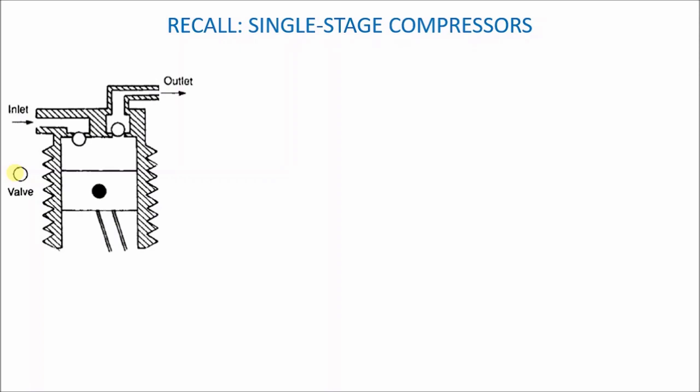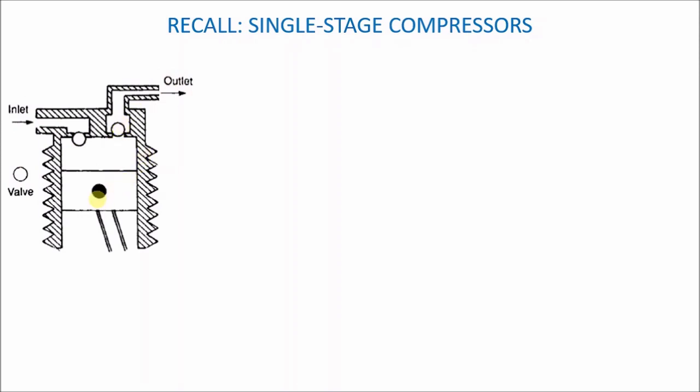So the valve, you can think of it as a door that allows or disallows the passage of something. Even in cylinders we do have valves, and the valve on the side of the inlet will be referred to as the inlet valve, and the valve on the side of the outlet will be referred to as the outlet valve.